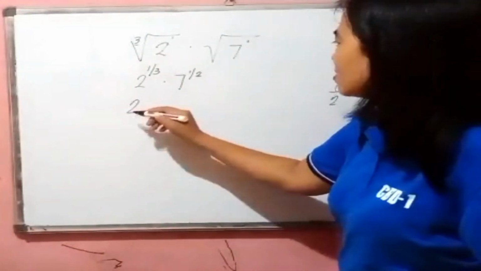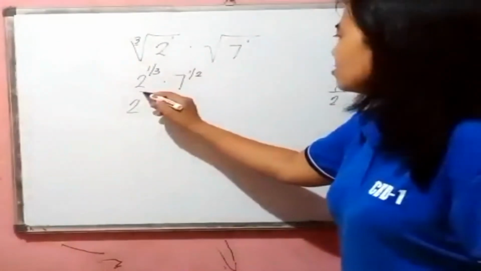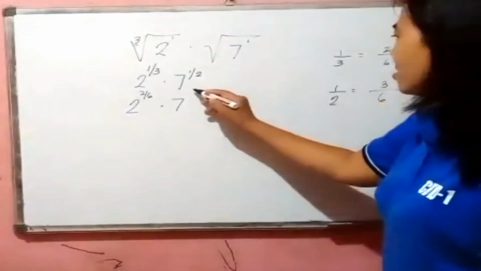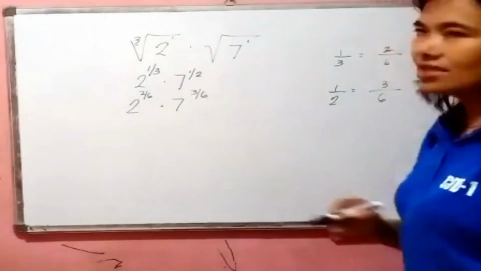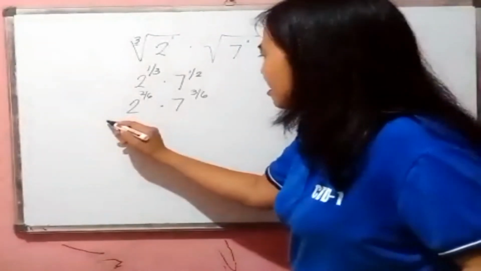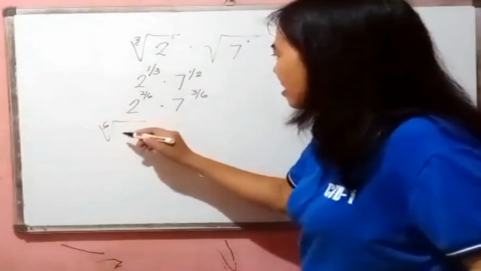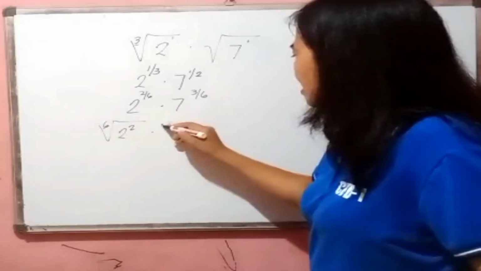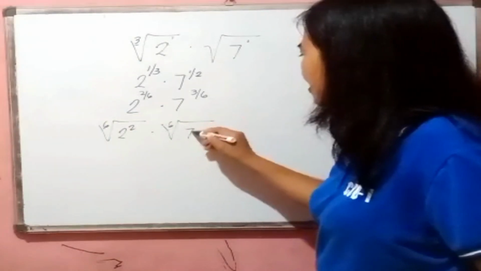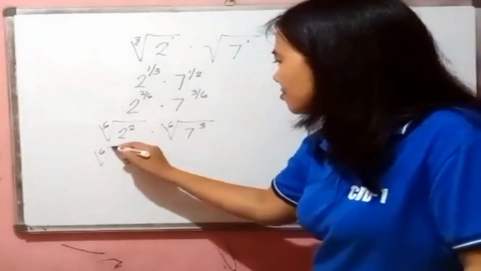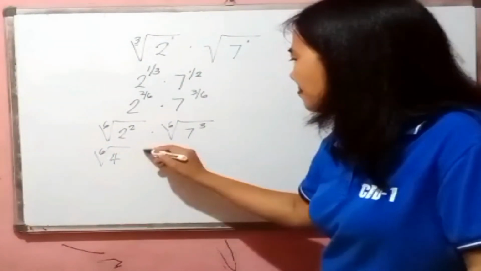So, meron tayong 2 raised to 2 over 6. And then, meron tayong 7 raised to 3 over 6. Pwede ka lang bumalik into radicals. So, 6 na yung magiging index. Okay? 2 squared. Tapos, ito, ganun din. 7 cubed. Evaluate. 2 squared is 4, of course.